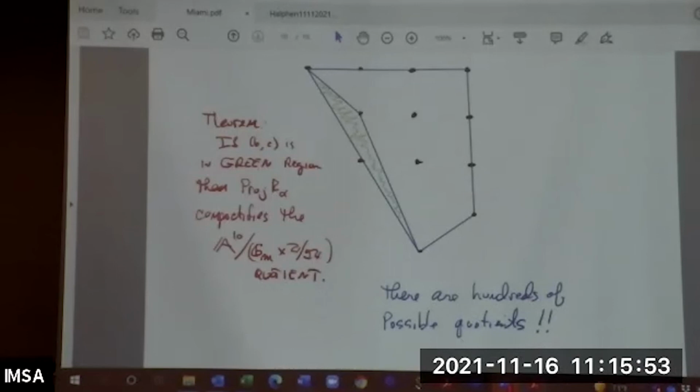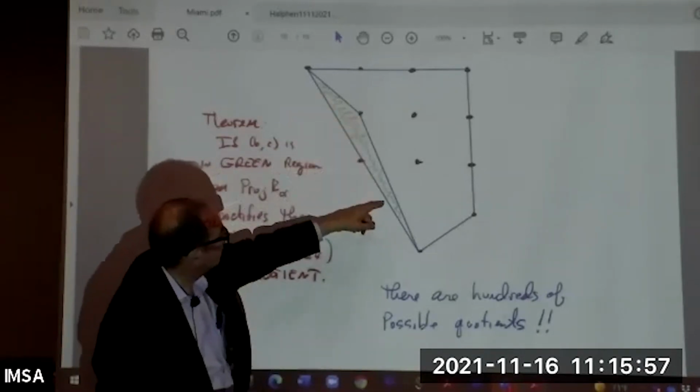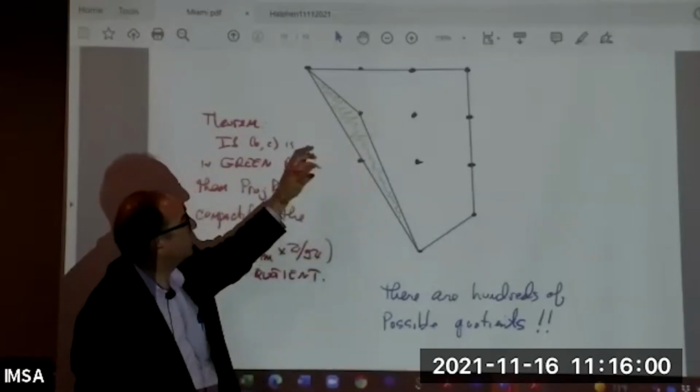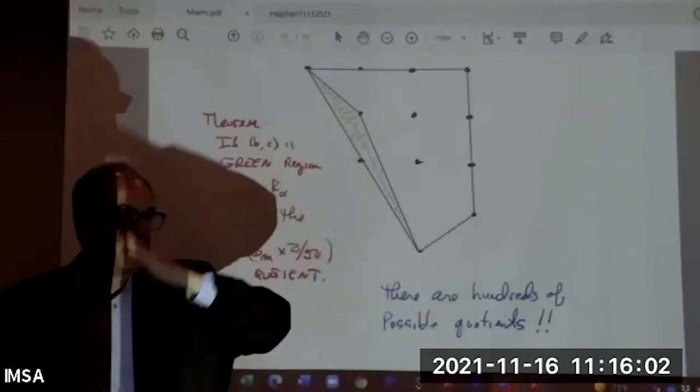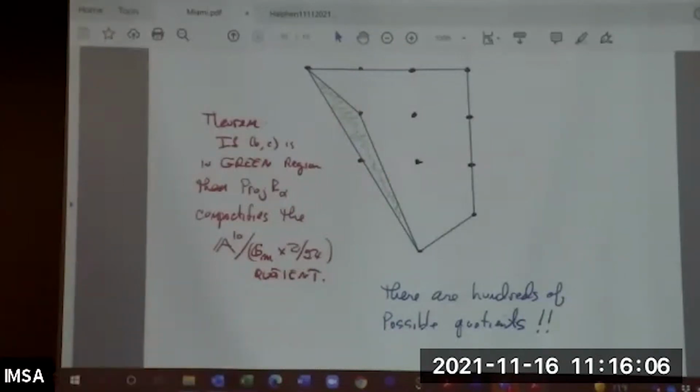What we were able to prove is that if you choose your BC, first of all, outside of the quadrilateral, there's no complement. It's not in a strict convex hull of any subset. So you have to be inside the quadrilateral.